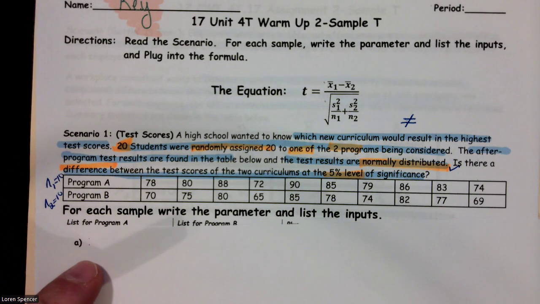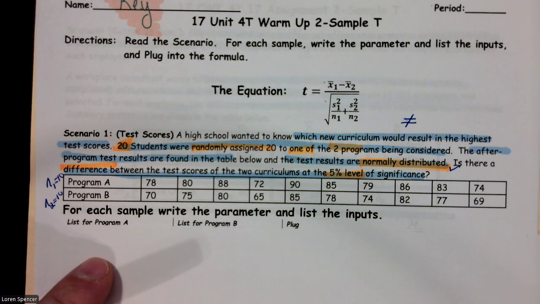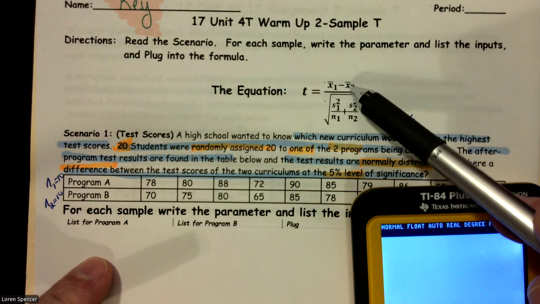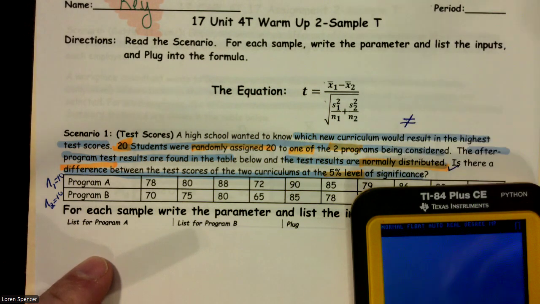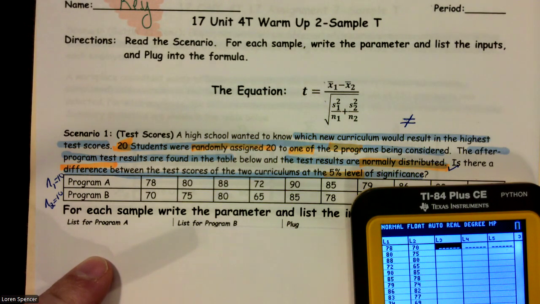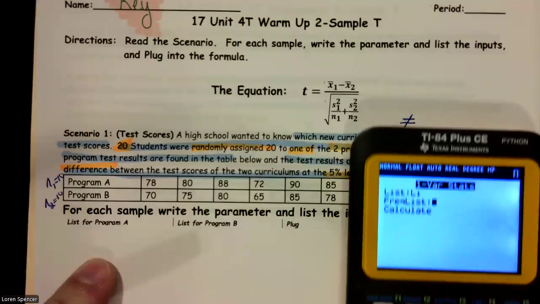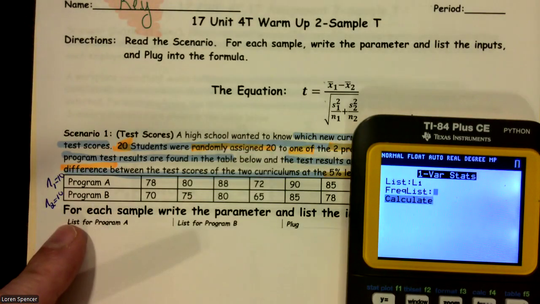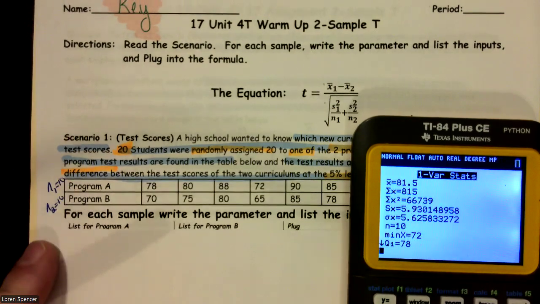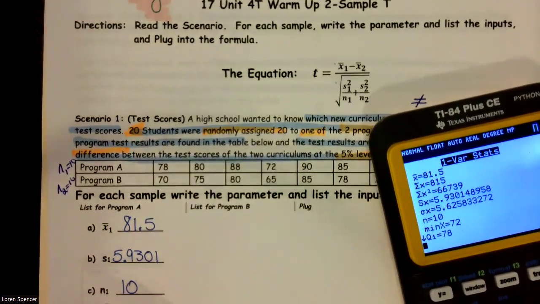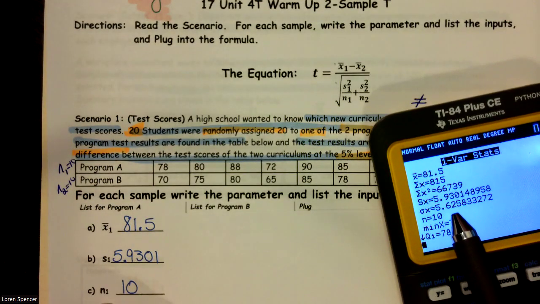It says for each sample, write the parameter and list the inputs. Well, they didn't actually give me all the inputs I need. They didn't give me x-bar 1, x-bar 2, or the standard deviation of the first or second. So I input that data in STAT EDIT, and there's a couple of things I can do. I can go STAT CALC, 1-Var Stats, L1 will give me program A. I find out the sample mean is 81.5, the sample standard deviation is 5.93, and the sample size is 10.